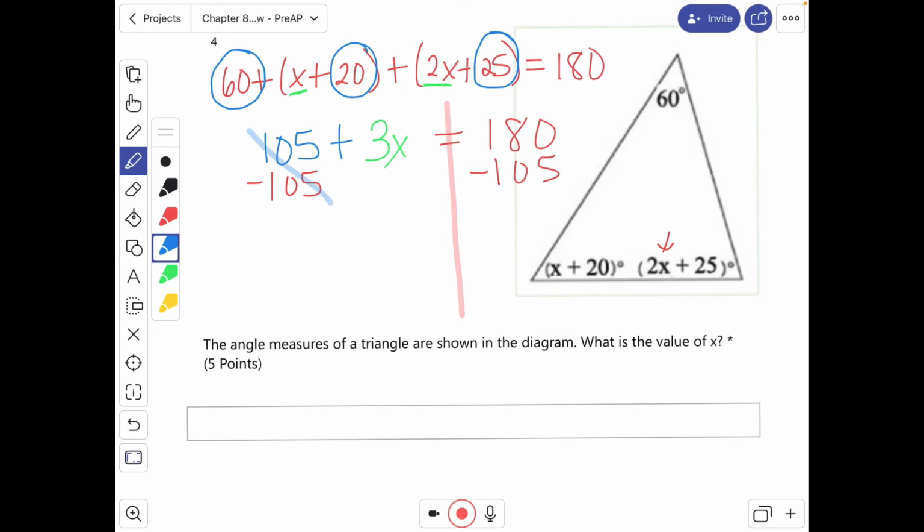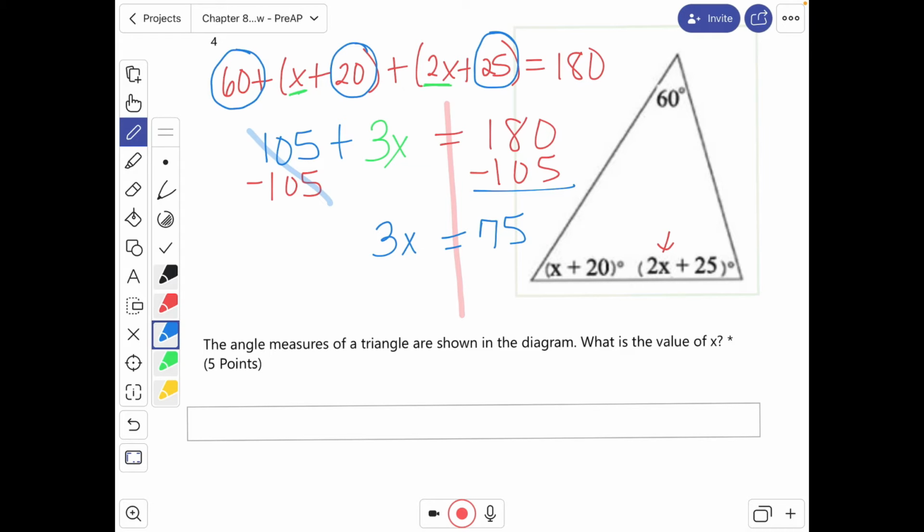When I subtract, those cancel. 3x comes straight down, and 180 minus 105 is 75. The opposite of 3 times would be divide by 3. The 3's cancel. X comes straight down, and 75 divided by 3 would make 25. So x equals 25. Or if you're putting it in the computer, you can just put 25.